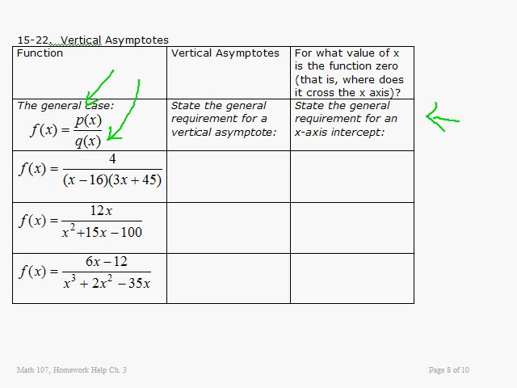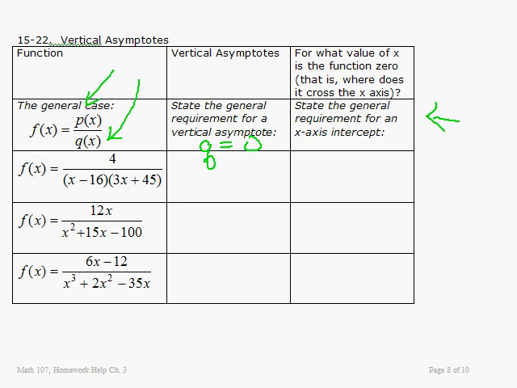At a vertical asymptote, the denominator is 0. That means q is 0. You have to find the values of x that make q 0, and that's where your vertical asymptotes are, because at that point the function is not defined because you have 0 in the denominator, but near that 0 the function either goes towards positive infinity or towards negative infinity. And that's why it's called a vertical asymptote, you remember.